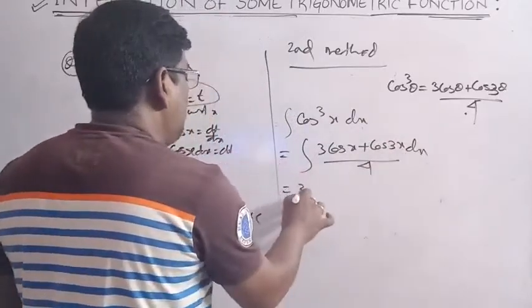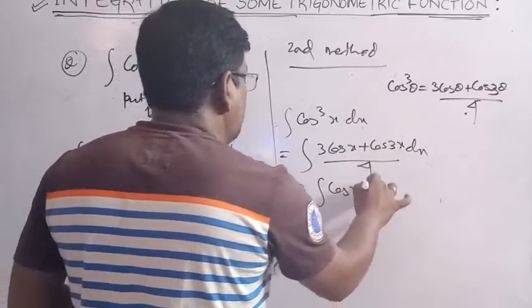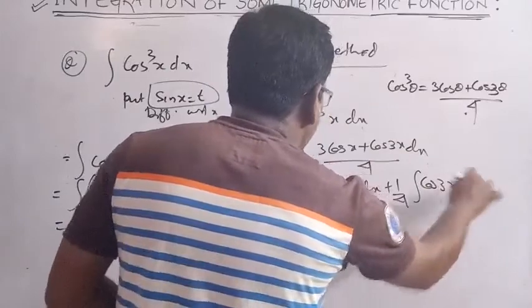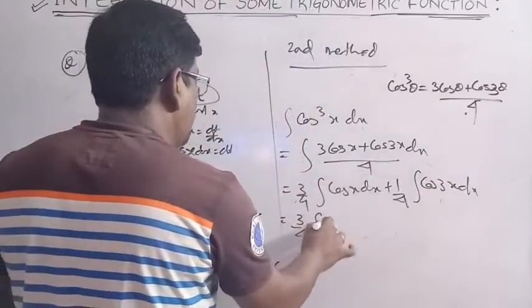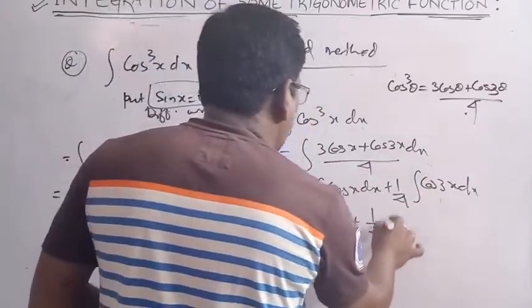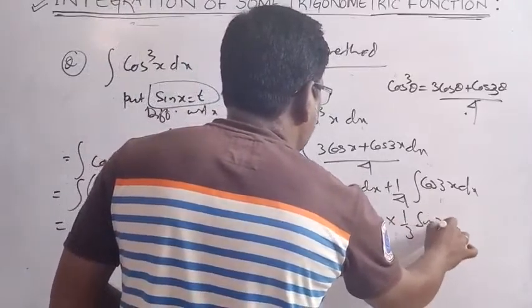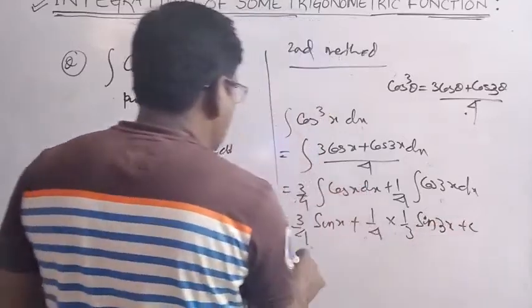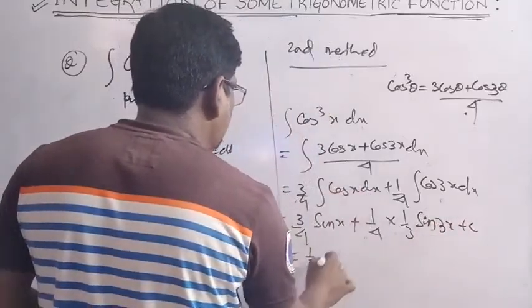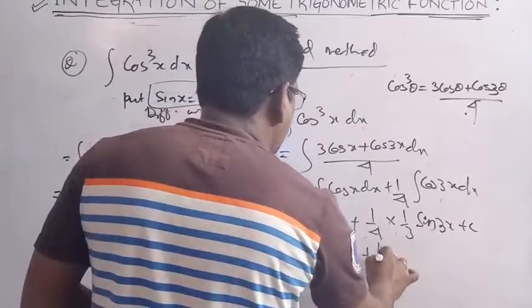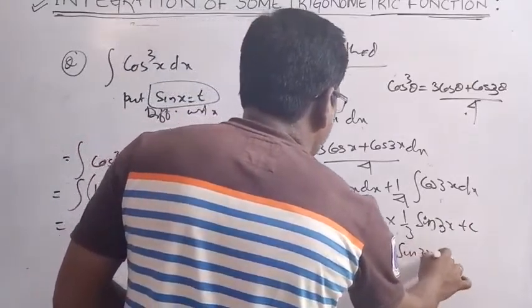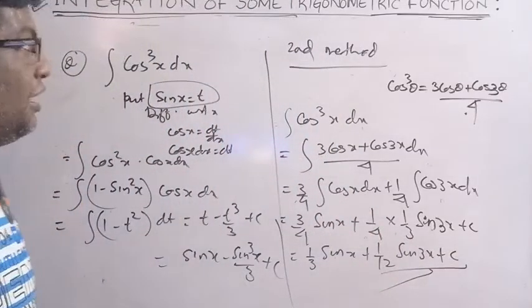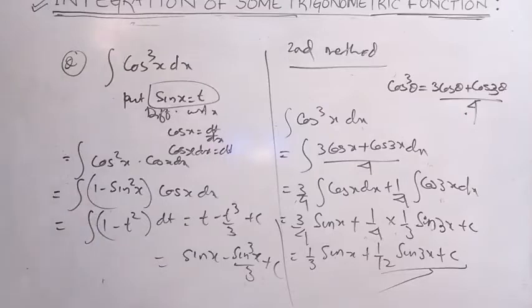So 3 by 4 into cos x dx plus 1 by 4 into cos 3x dx. This is equal to 3 by 4 sin x plus 1 by 4 into 1 by 3 sin 3x plus c, so 3 by 4 sin x plus 1 by 12 sin 3x plus c. This is the answer. Now higher power, cos 5x, sin 5x.